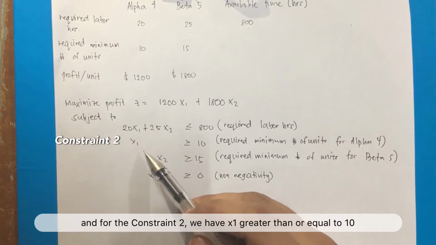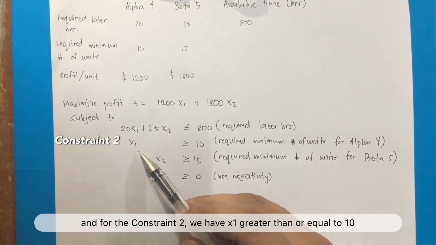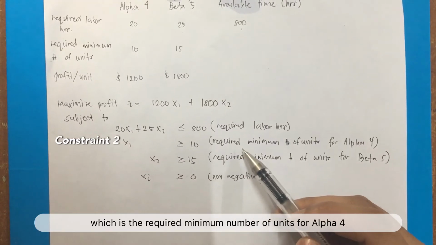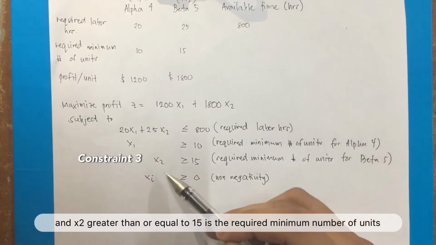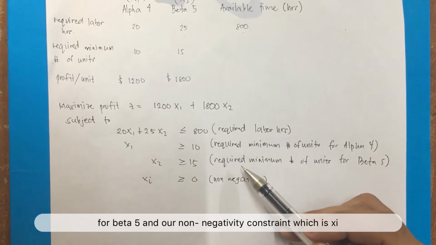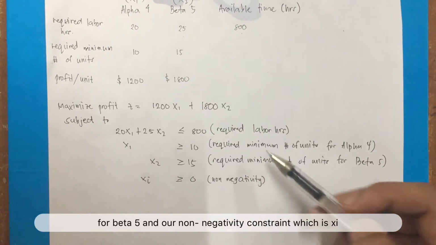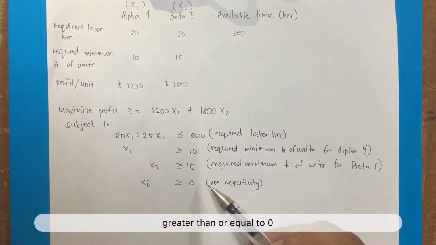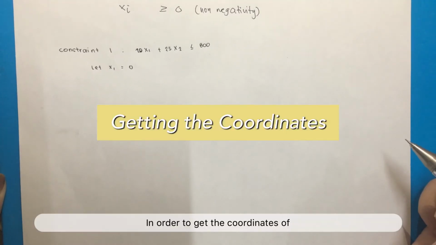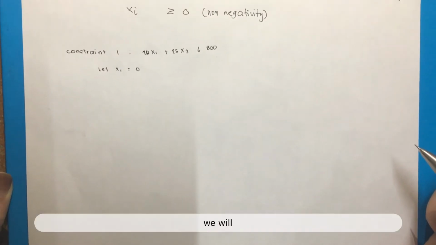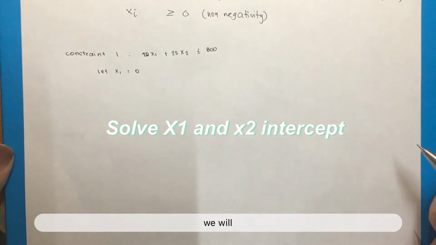And for constraint 2, we have x1 greater than or equal to 10, which is the required minimum number of units for alpha 4, and x2 greater than or equal to 15, which is the required minimum number of units for beta 5, and our non-negativity constraint, which is xi greater than or equal to 0.